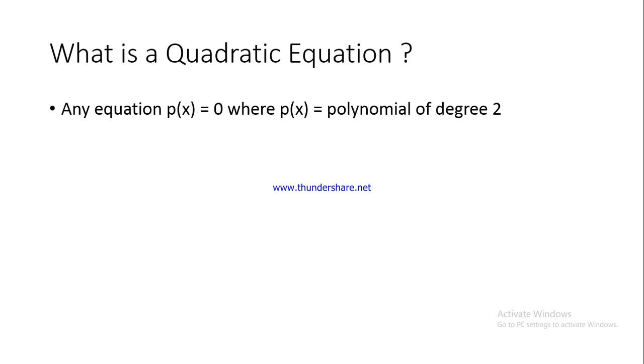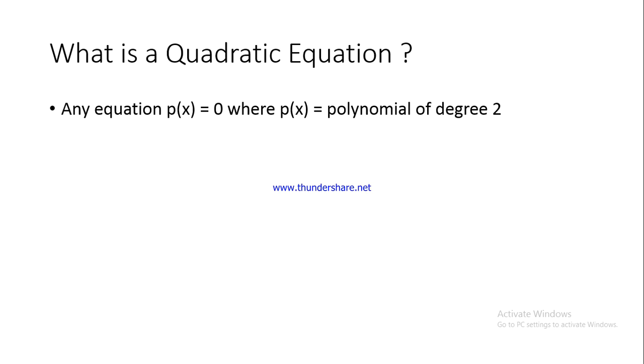So polynomial is basically a mathematical expression of degree 2, meaning the highest power in that particular mathematical expression has got to be 2. So there is nothing like cube there. Cube is basically when some variable's power is 3.